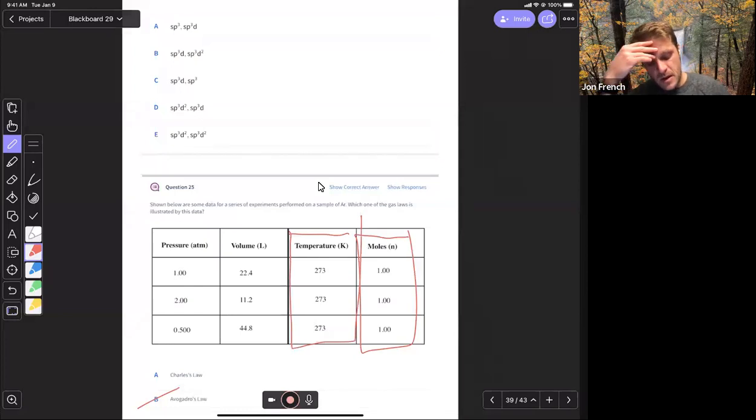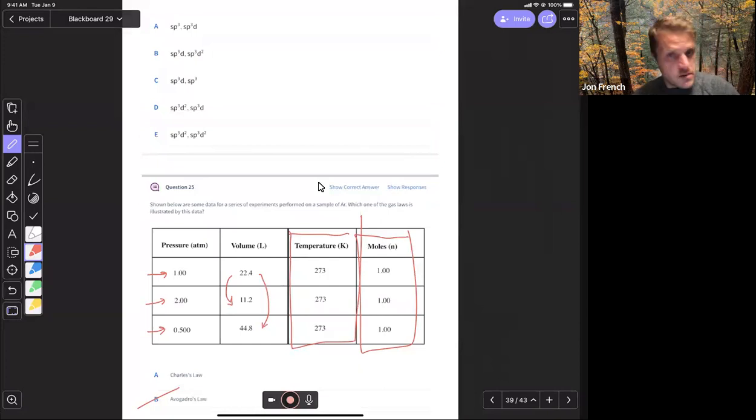staying constant, right? So if we look, I've got 1 atmosphere, I go to 2 atmospheres, I go to half an atmosphere, and we notice that between 1 and 2, right, my volume changes as my pressure increases, and as my pressure decreases, right, my volume changes as well.